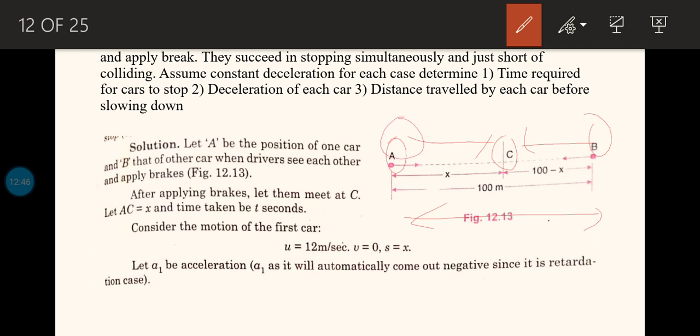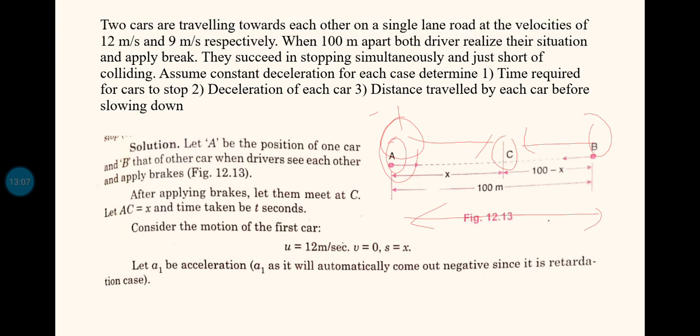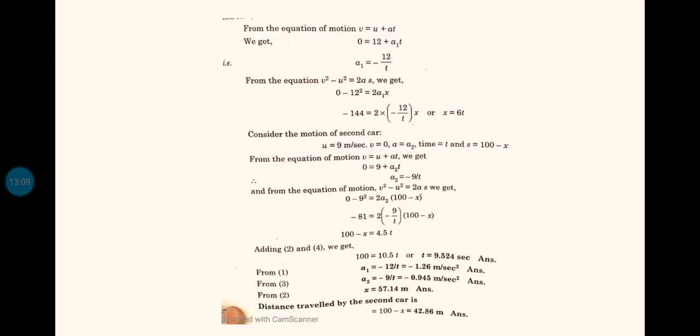The vehicle that started from A is the first body, so the distance traveled before stopping is x meter. Similarly, let a1 be the acceleration of the first body. Remember, here it is not acceleration, it is deceleration, so you have to consider the negative sign.